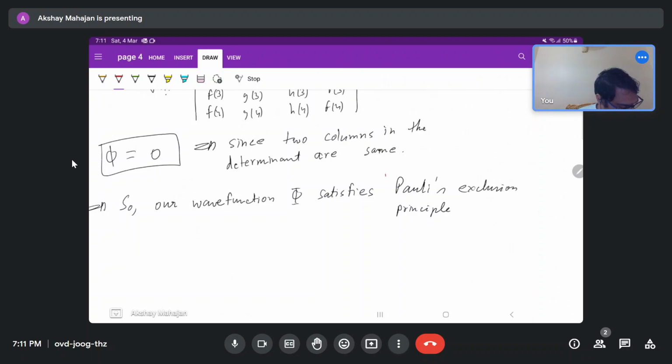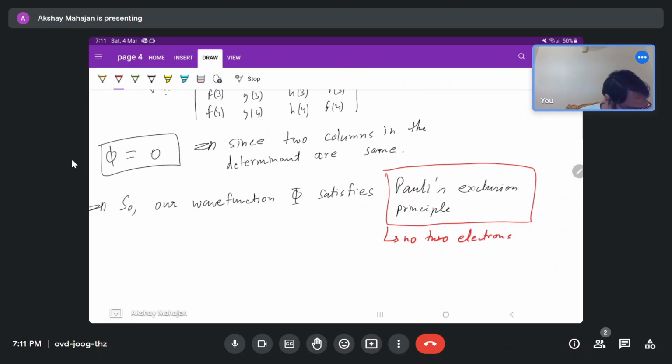This basically says no two electrons can occupy the same spin orbital.